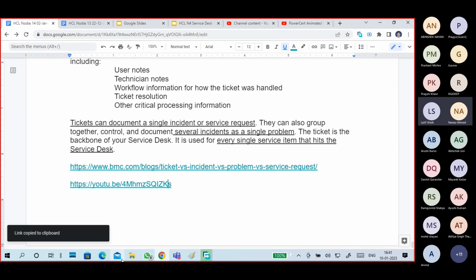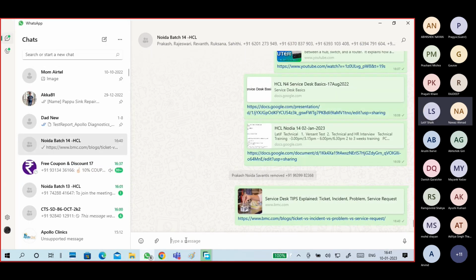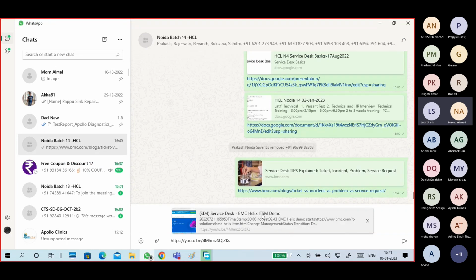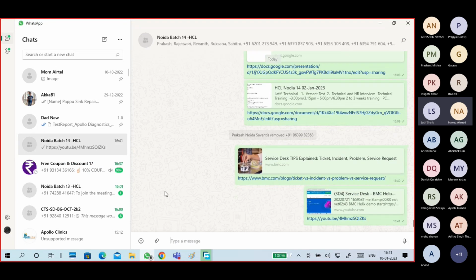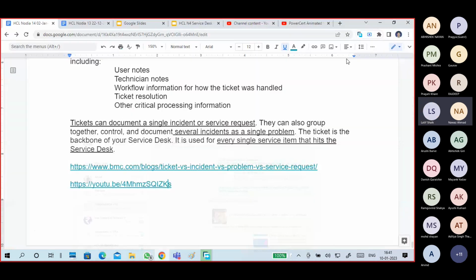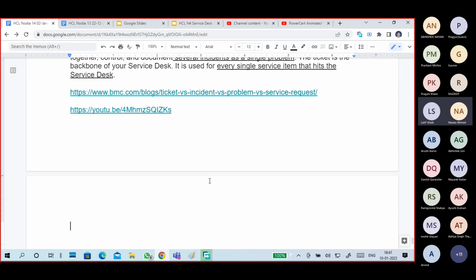And I have taken a demo class, a BMC Helix demo class, that I am also forwarding to you. Please check it. I explained how to create a ticket and how to forward a ticket there. If you have any confusion, then we will discuss once again.